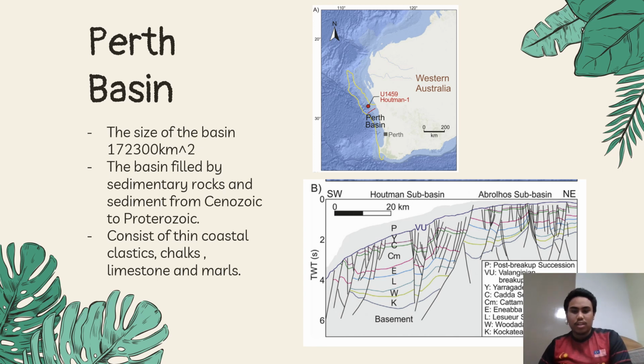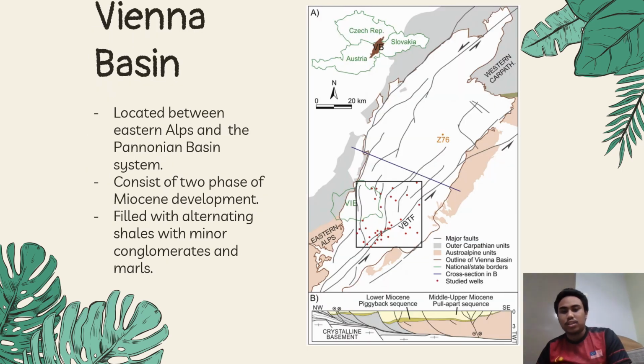For the next slide, the next basin we will introduce is the Vienna Basin, which is located between the Eastern Alps and the Pannonian Basin system. It also overlies a fold and thrust belt, located between the Eastern Alps and the Western Carpathians.